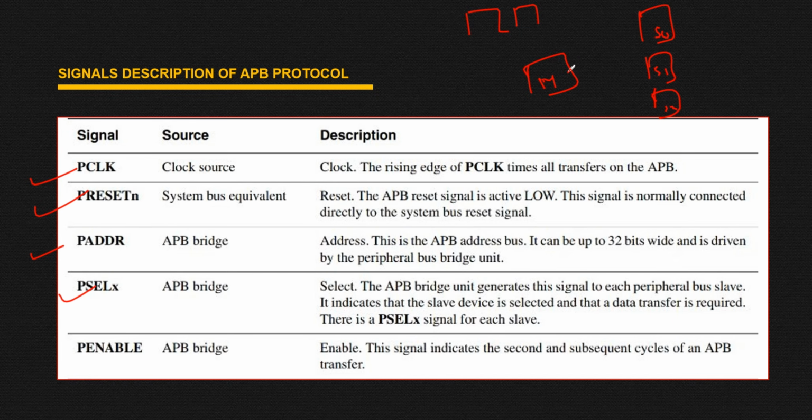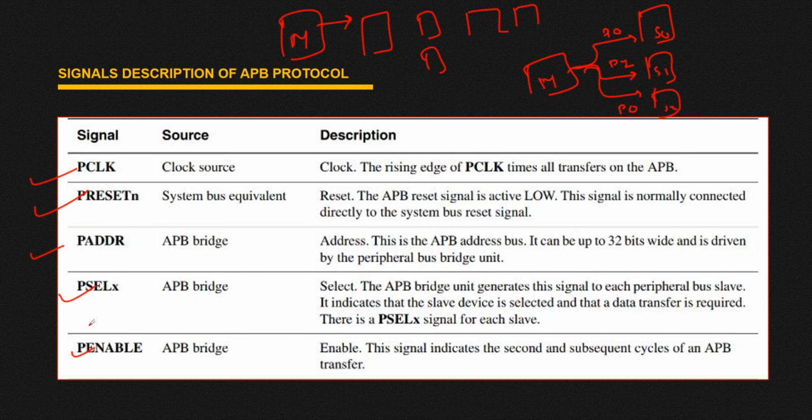If you want to select slave 1, the PSEL signal for slave 1 should be high, and for the other slaves the PSEL signal should be low. See what is really happening here: you have one master, and from this master we pass the PADDR, which goes into a decoder, and based on this address we select the appropriate slave by passing the PSEL signal. I hope it is clear. Then we have the PENABLE signal.